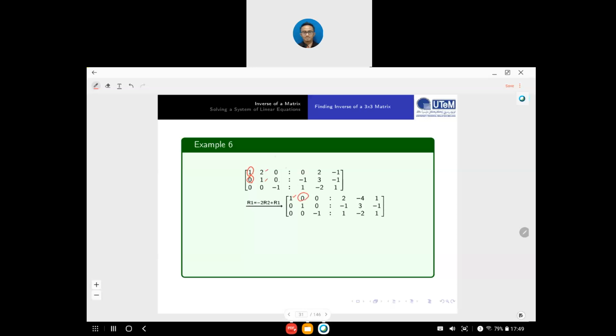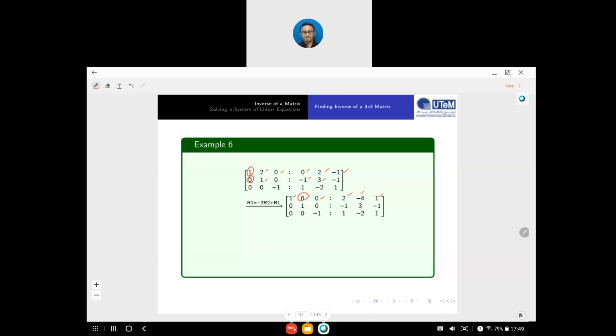Negative 2 times 0 plus 0 become 0. Negative 2 times 1 become negative 2, plus 2 is 0... negative 2 times 1 is negative 2, plus 0... 2 plus 0 is 2. And then negative 2 times by 3, negative 6. Negative 6 plus 2 is negative 4. Negative 2 times by negative 1 is 2. 2 minus 1 is 1.